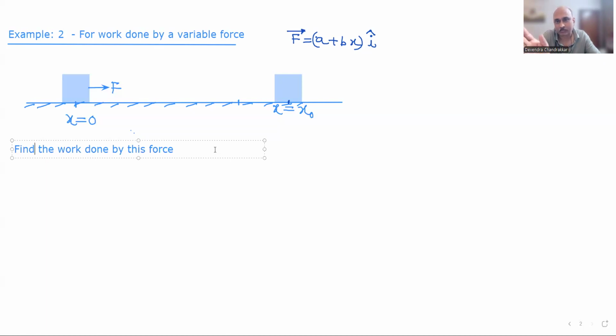It is varying along the x axis. So find the work done by this force in moving the object from x is equal to 0 to x is equal to x naught.